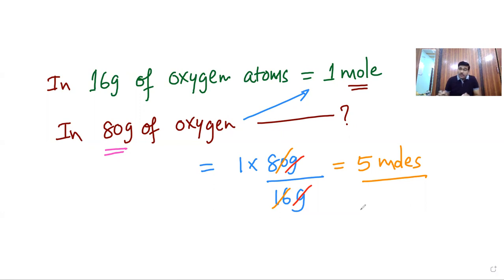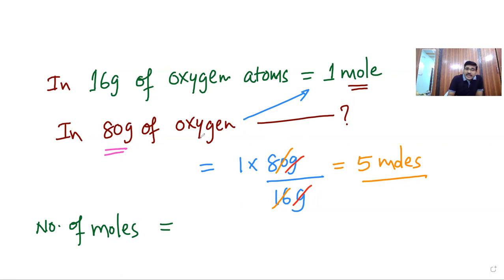Okay. Now, afterwards, I generalize one formula. Observe. Observe what we have done to calculate the number of moles. Here I am putting number of moles because the answer is number of moles. Now what we have done?